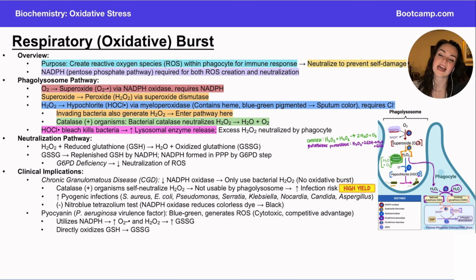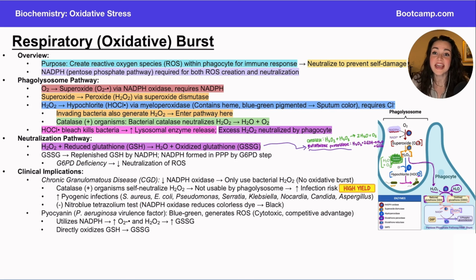And now the phagocyte has to find a way to neutralize all that extra peroxide. It's going to do that by using the enzyme glutathione peroxidase to combine that peroxide with reduced glutathione to turn that peroxide into water and then oxidize the glutathione. And so at this point, we've successfully carried out our neutralization reaction, but we need to remake that reduced glutathione for the next neutralization reaction. That's what these next two steps were about.